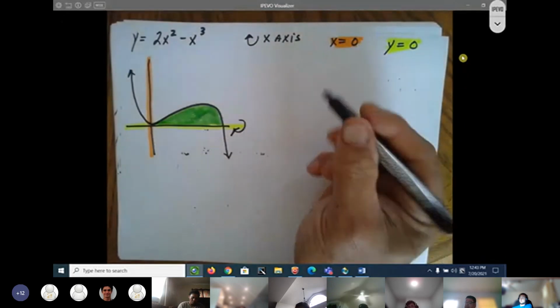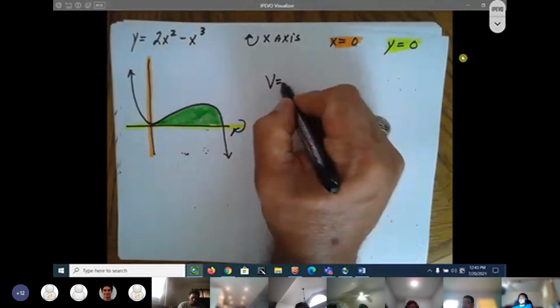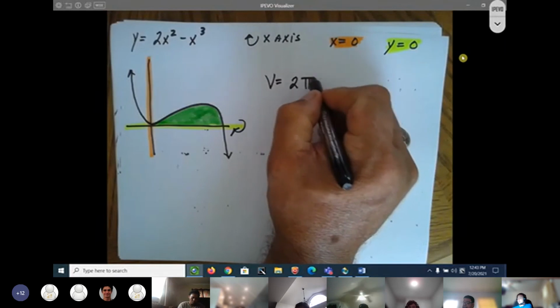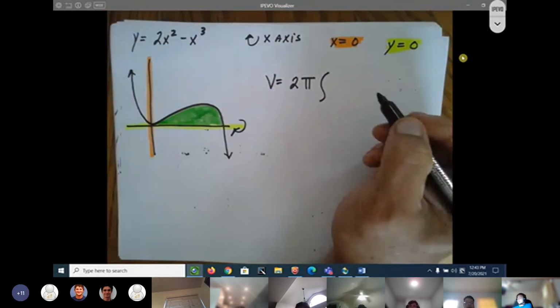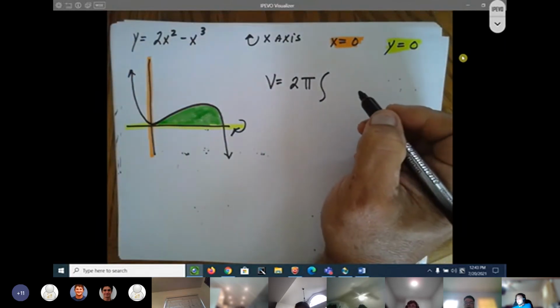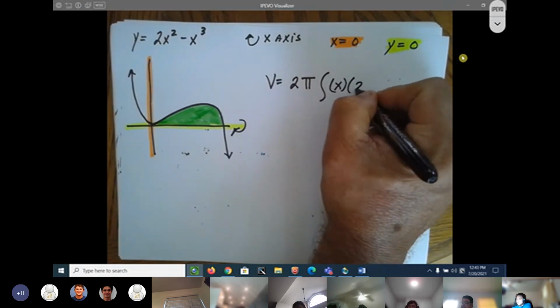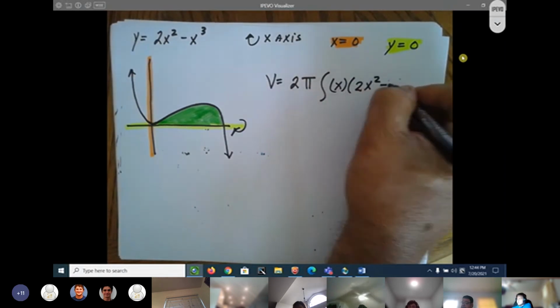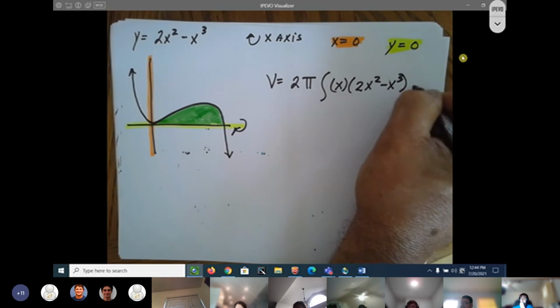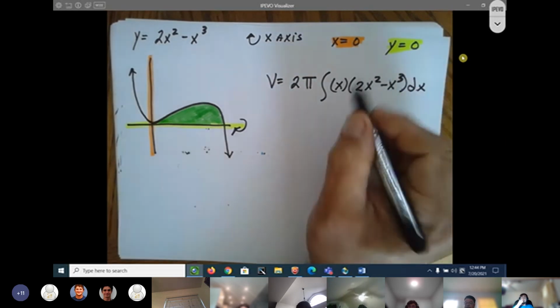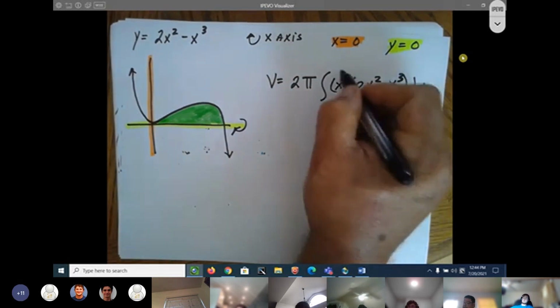So that's going to be volume is equal to 2 pi, and that'd be x times 2x squared minus x cubed dx from 0 to 2.